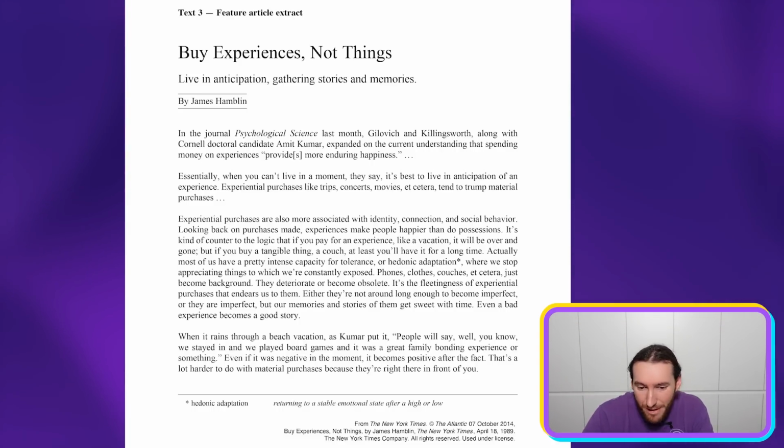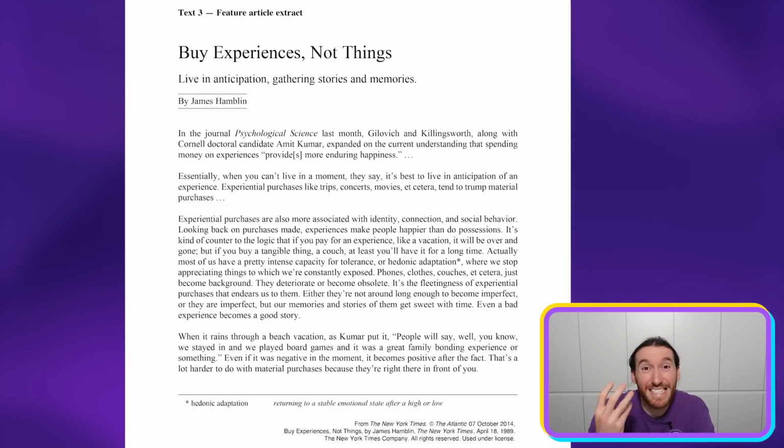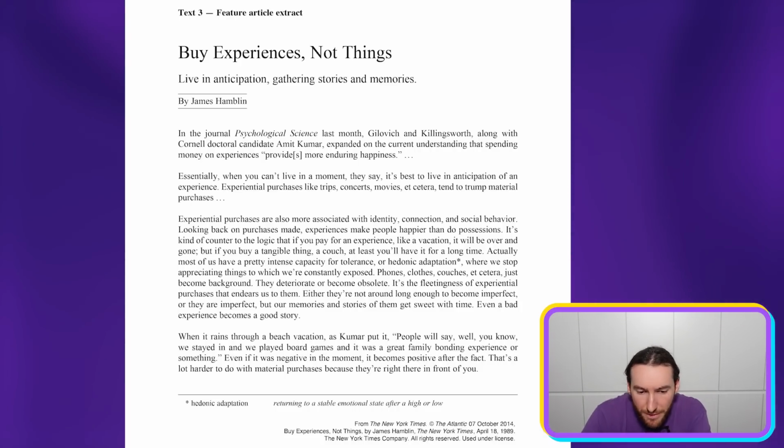It tells you straight away what the paradox is going to be, that there's a contradiction, a difference, if you like, between buying an experience versus a thing. So it's going to be pretty in your face about how it's answering the question. The key thing is going to be about how you break that up and how it actually expands our understanding of that paradox. So live in anticipation, gathering stories and memories.